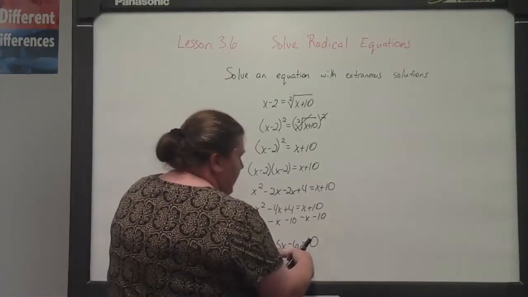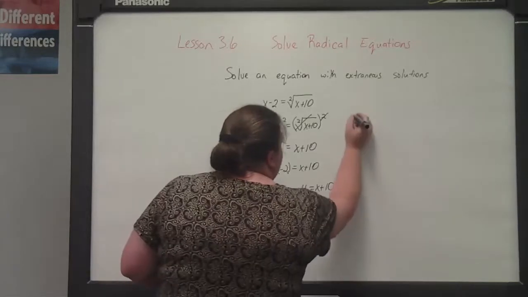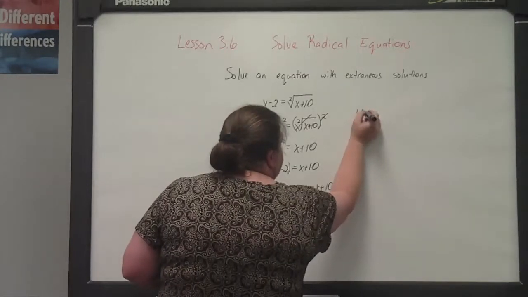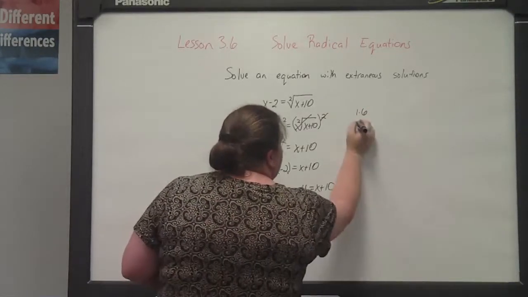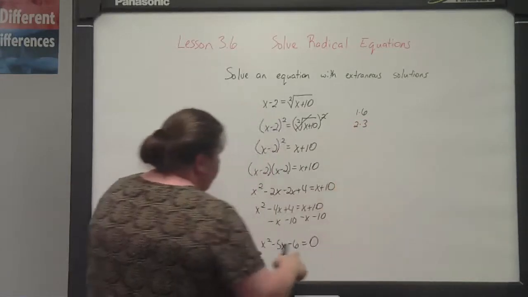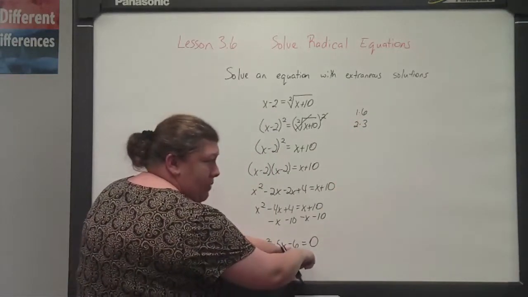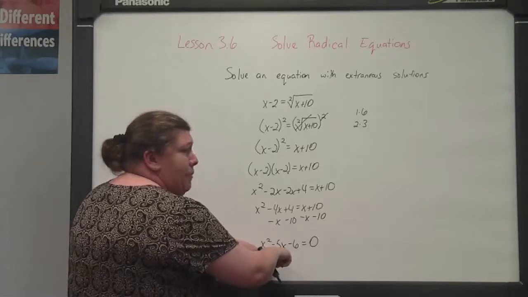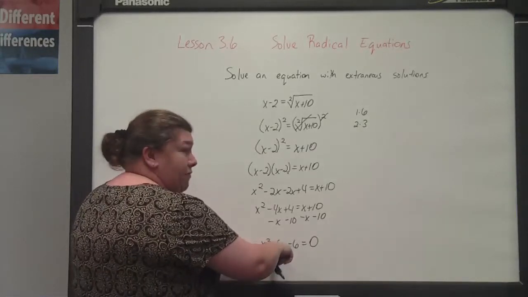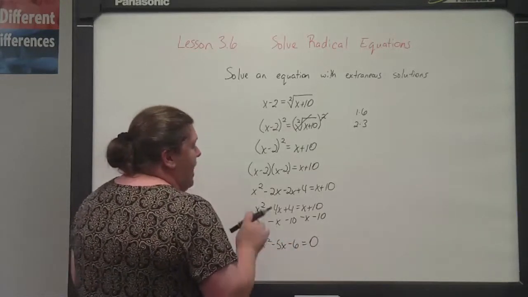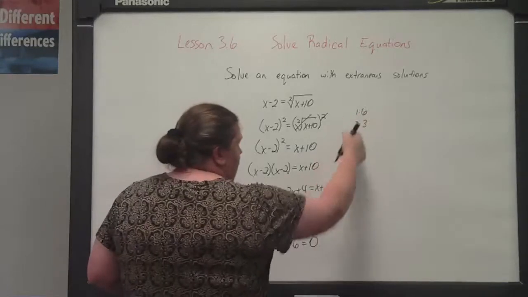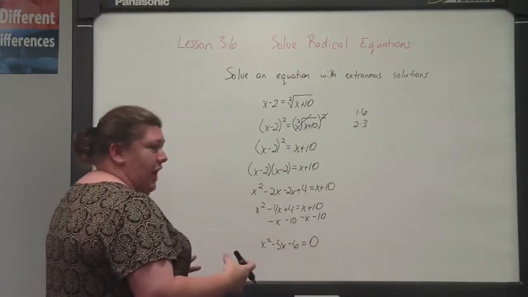What you do at this point is you have to factor. The factors of 6 are 1 times 6, or we have 2 times 3. Because I have a negative by my 6 and a negative by my middle number, which is my 5, I know that my highest factor has to keep a negative sign.